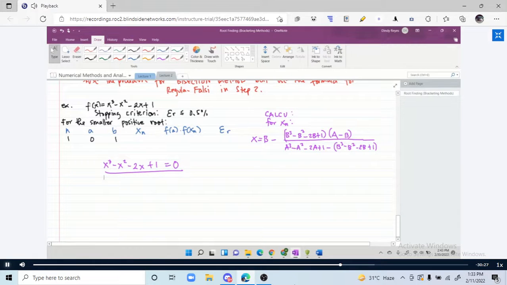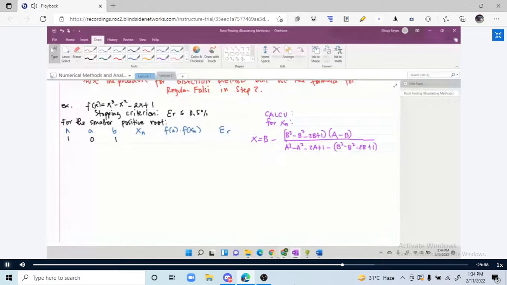Kung ayaw mong ilagay ko yung f of x doon at gusto mo isulat ko yung function or yung equation in this way, you will not be able to understand what I am asking here in this column: the value of the function at x equals a times the value of the function at x equals x sub n. Okay? Without that notation, it's not right to write f of a times f of x sub n in the fifth column.